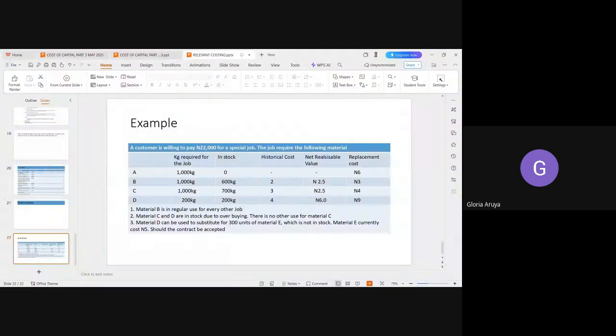In stock of 600 kg. Material B is in regular use for every other job. Replacement cost. It's 1,000 kilograms. Yes, 1,000 kilograms. But what will be the relevant cost?